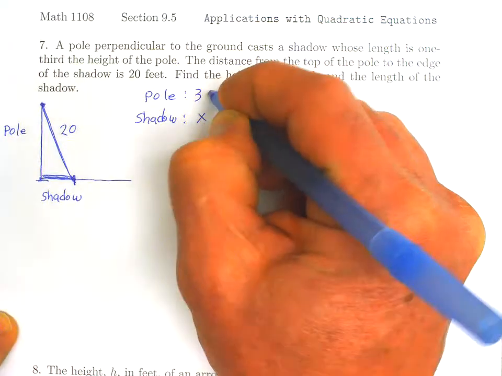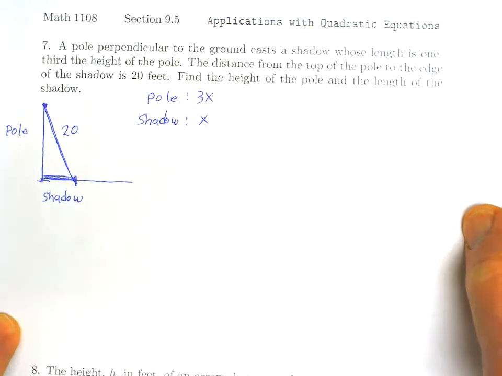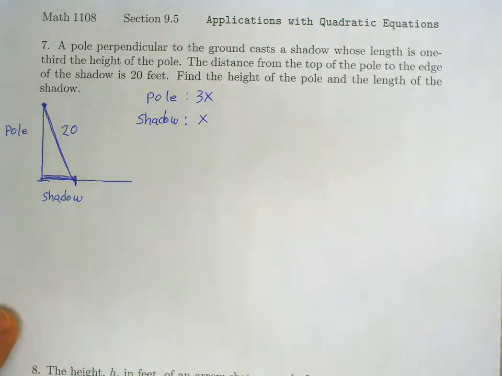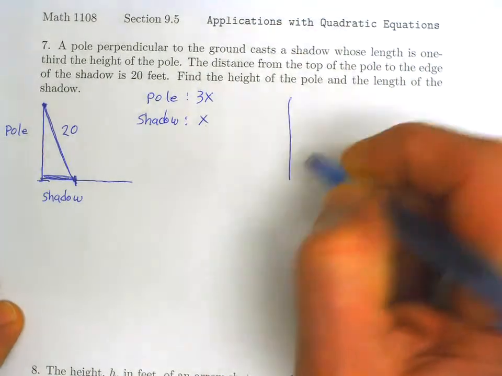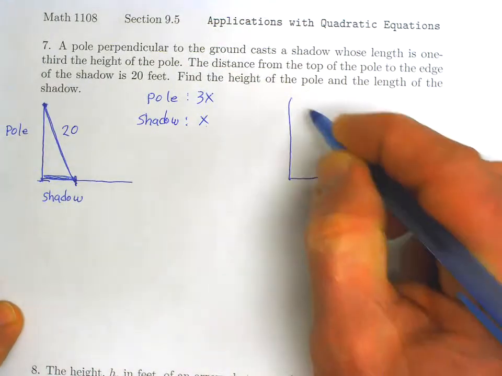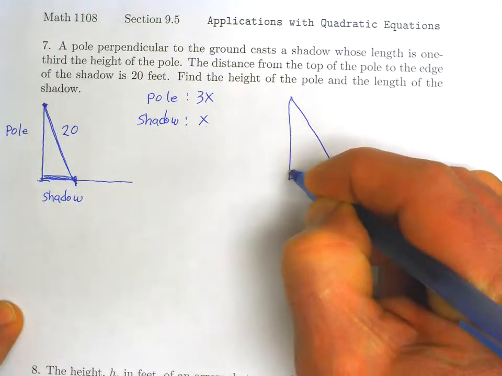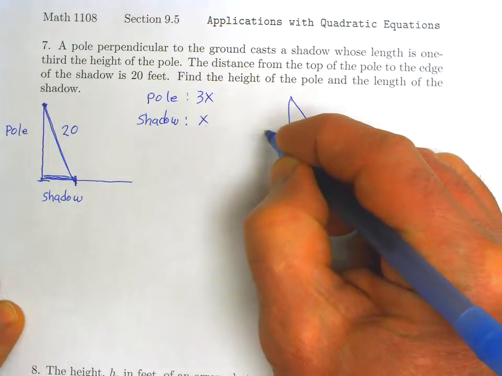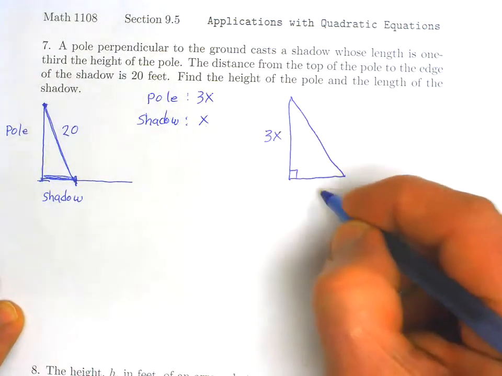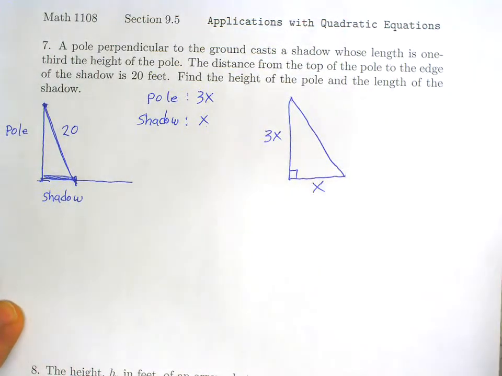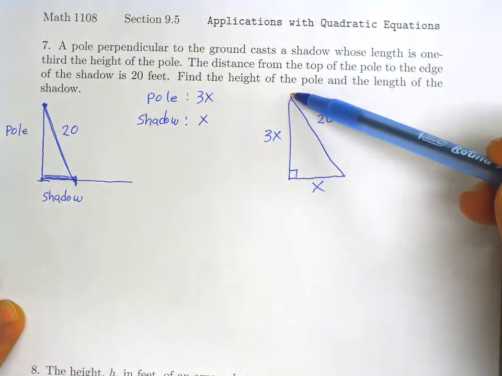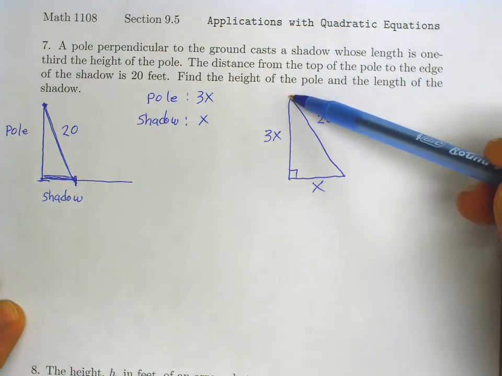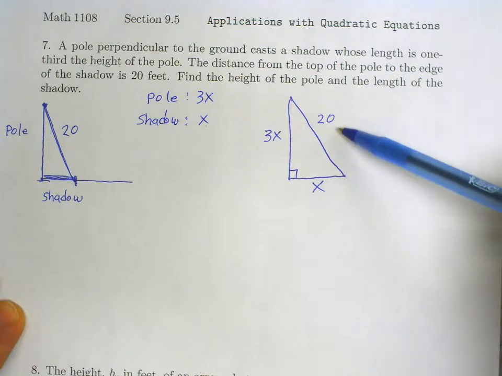So 3x is the height of the pole. Okay, well, what we're working with here is just a right triangle. And let's just look at it this way. The pole is 3x feet. The shadow is x feet. And the line segment that connects the top of the pole with the edge of the shadow is 20 feet.